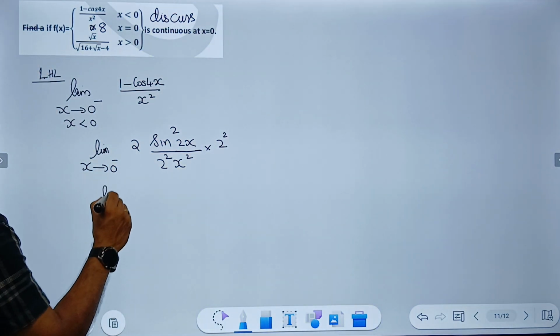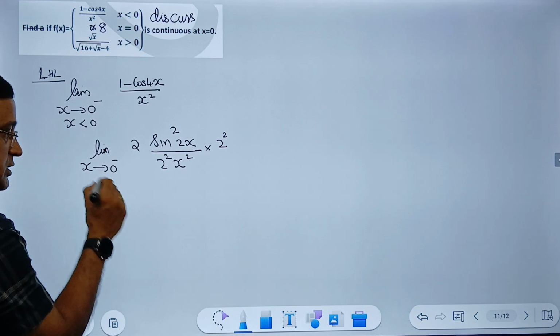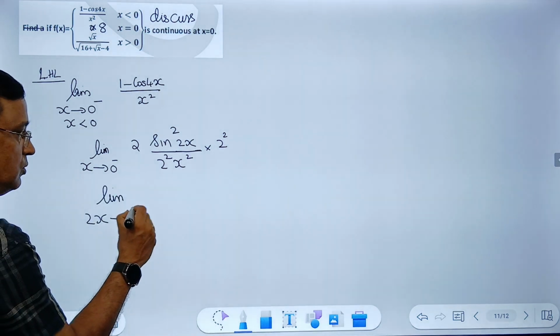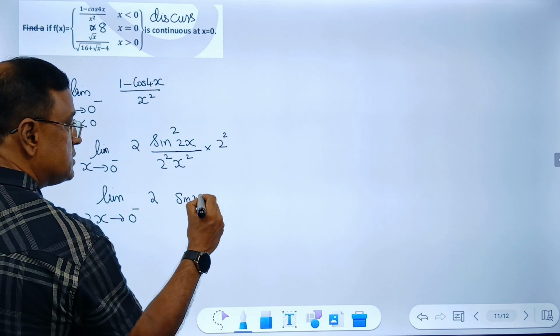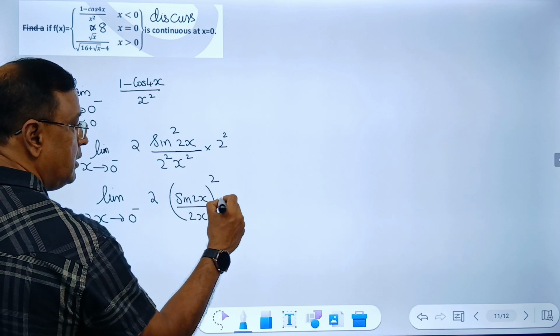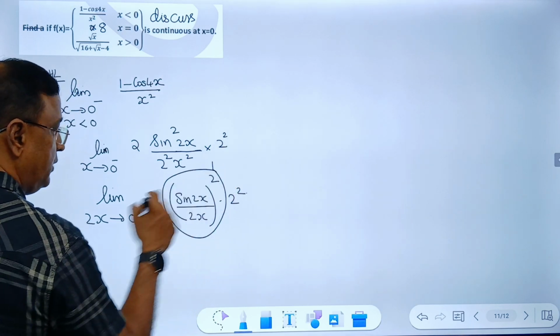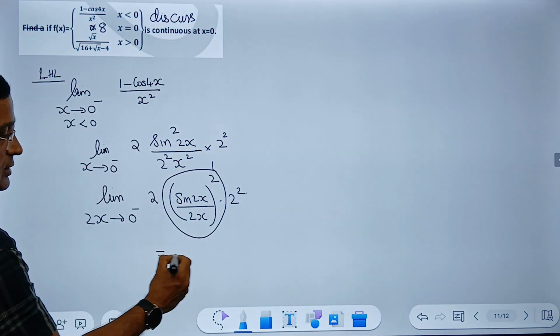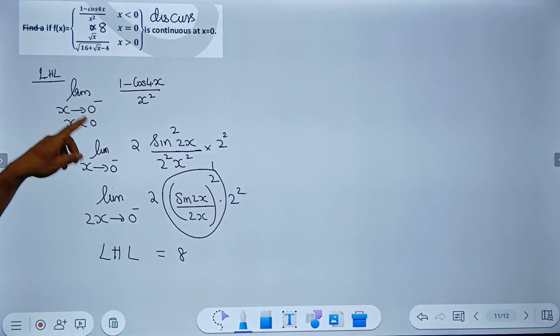Then this is limit 2x goes to 0, 2 into sine of 2x by 2x the whole square into 2 square. So this becomes 1 with the limit. So the answer is 8. So my left hand limit is 8.